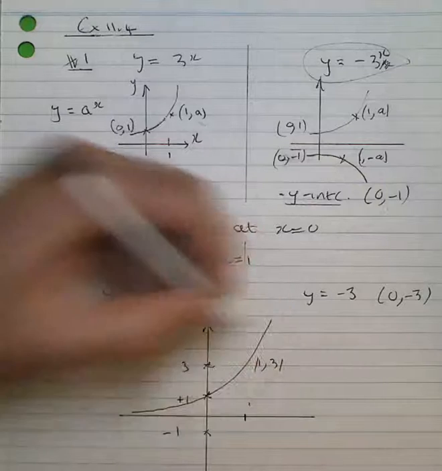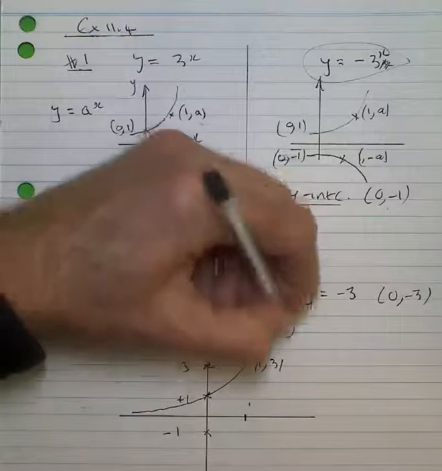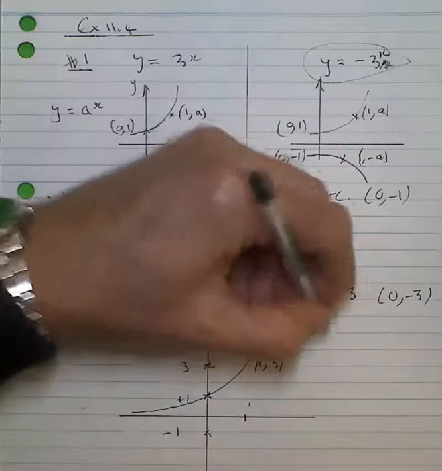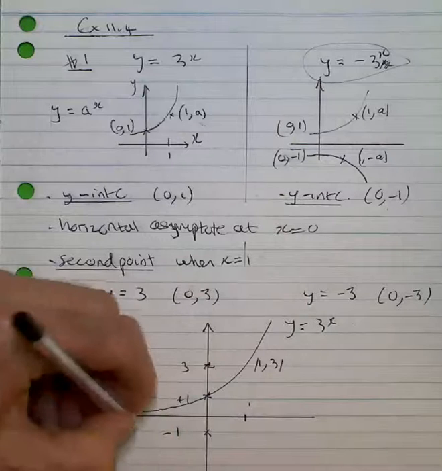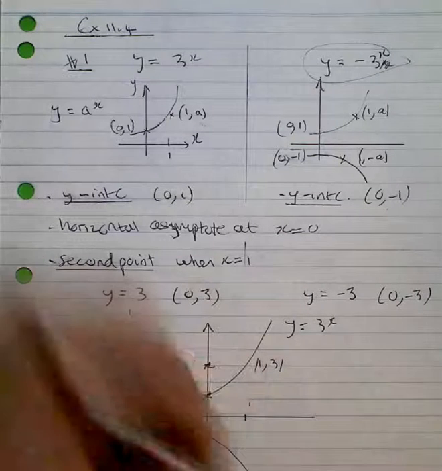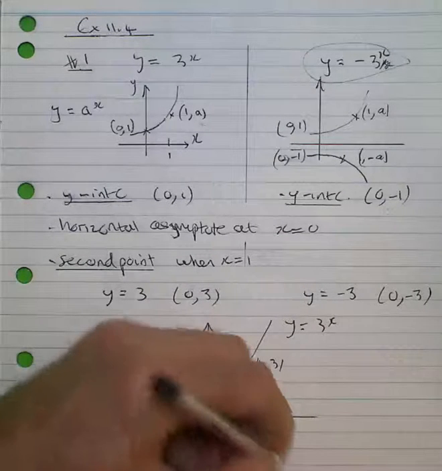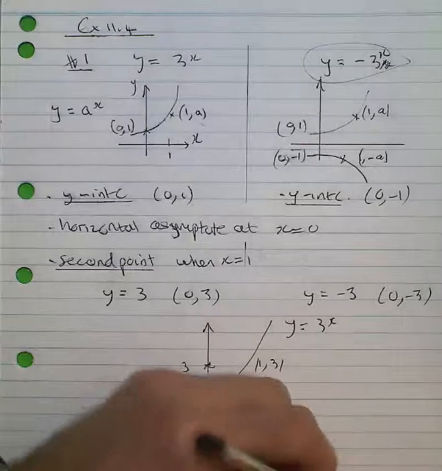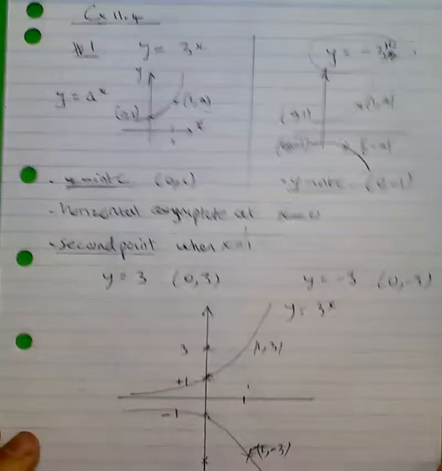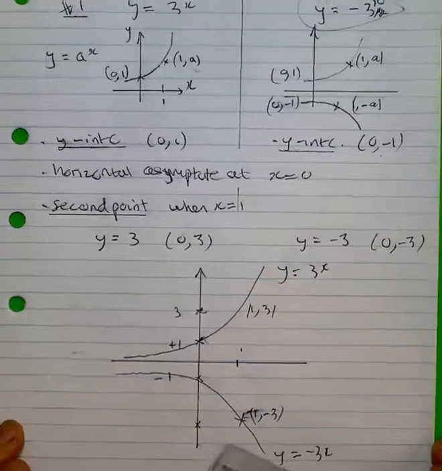Label that second point and label the graph as we've got the two together. So you can see my two graphs there.